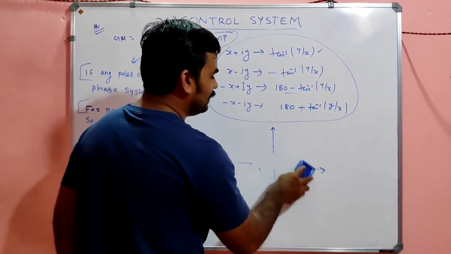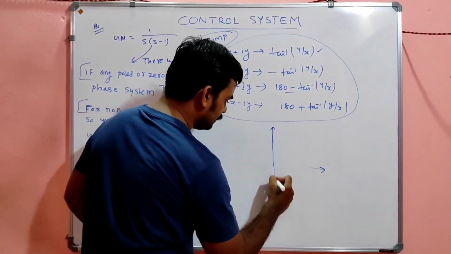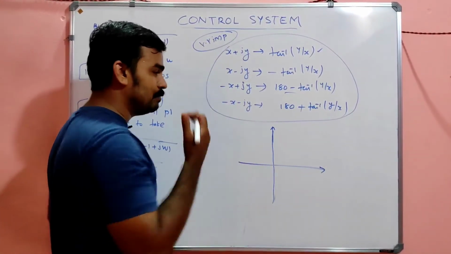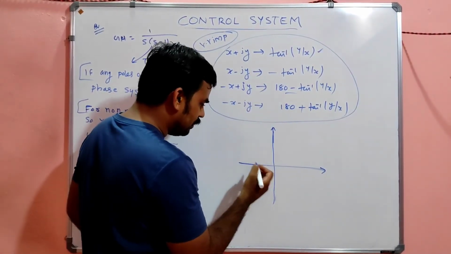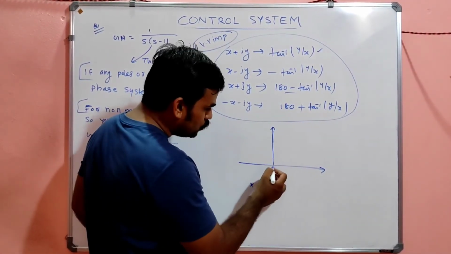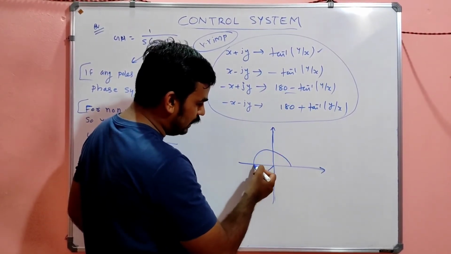And next consideration. There I felt somewhat overconfident and I also made a mistake, right? Because I did it from my imagination, that's why. Minus x minus jy, let's do that. Minus x minus jy, somewhere here, right? So this will be the line. So you have to take this much angle.